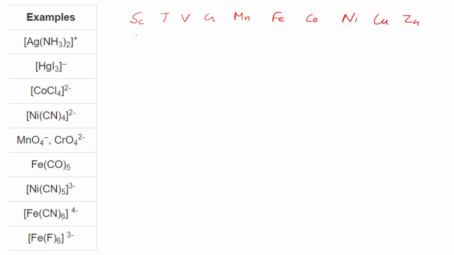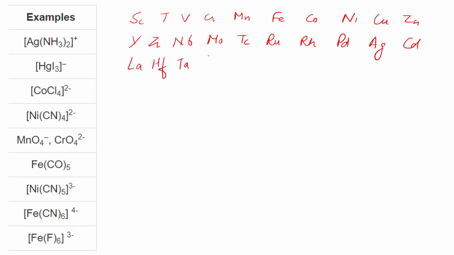Copper, zinc. I'll ask you to remember these d block element series, 3d, 4d, and 5d. For this one, the electronic configuration is nd1.